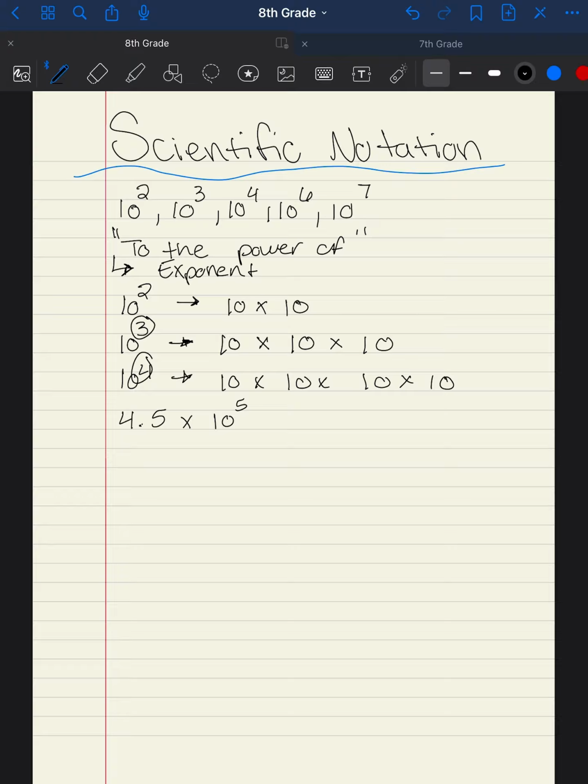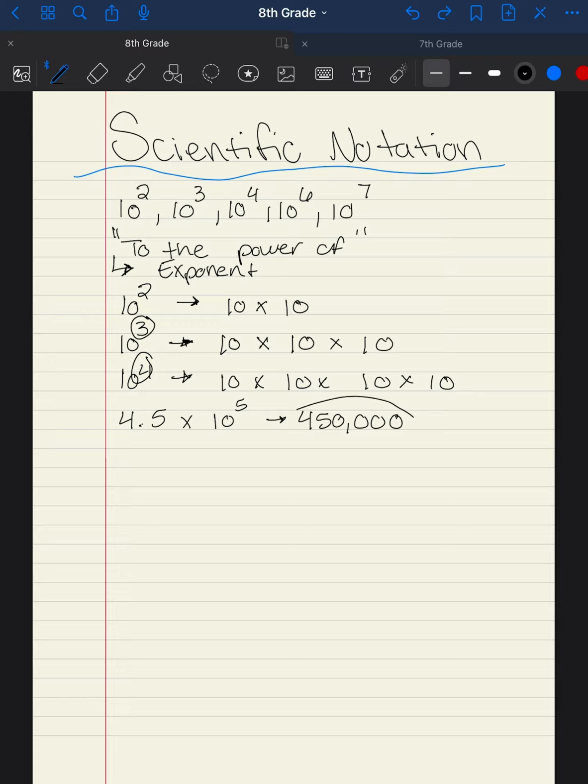Now, what if I told you that this actually translates to this? A little bit confusing, right? It's okay. All they're doing in math is taking a huge number and making it a little bit easier to look at in an equation, a math problem, or anything like that.